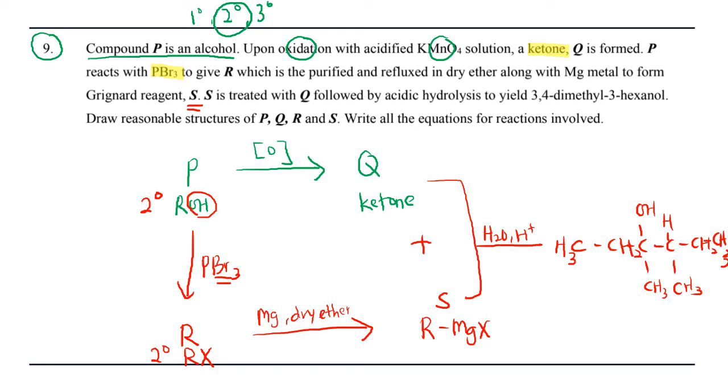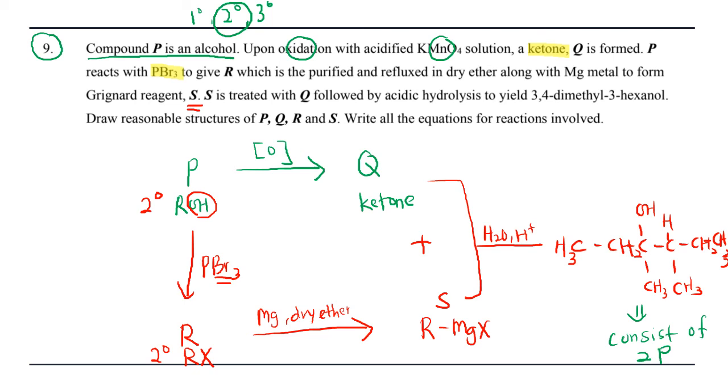Basically, if we trace back the origin of Q: Q is from P, S is also from P, S comes from R, and R also comes from P. So that means the compound 3,4-dimethyl-3-hexanol consists of 2 P, meaning two similar secondary alcohols.